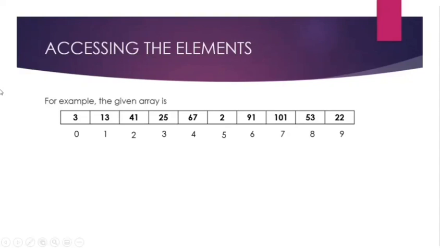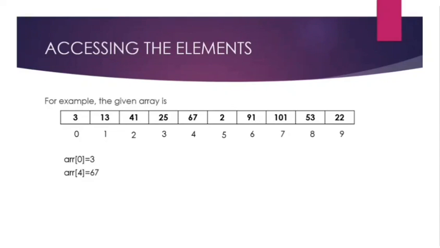This is our given array. Now if we want to access the first element, we'll write arr[0], which will give us the number 3. Now if we want to access the fifth element, which is 1, 2, 3, 4, 5, 67, the index here is 4, so we'll write arr[4], which will give us 67.